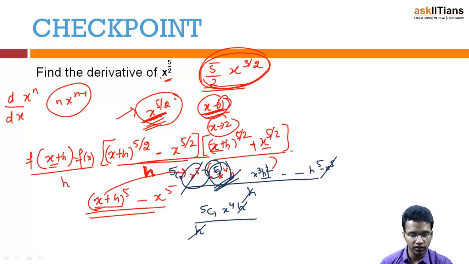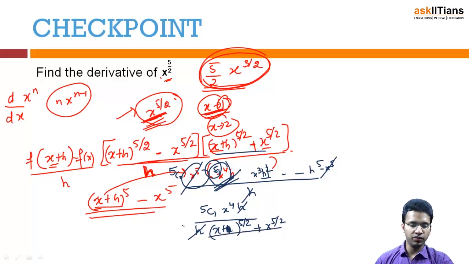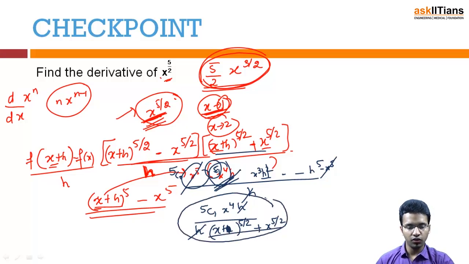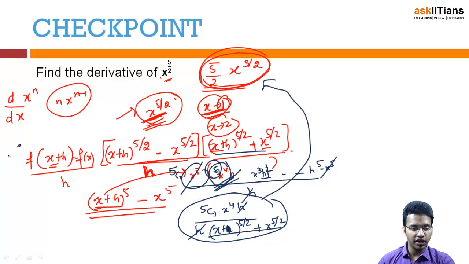What we have to handle after this is x plus h raised to power 5 by 2 plus x raised to power 5 by 2. Now once you put h equal to 0, it's very simple, and from here you will be easily directed to the result. This is how the first principle explains everything, and how this final result is obtained.